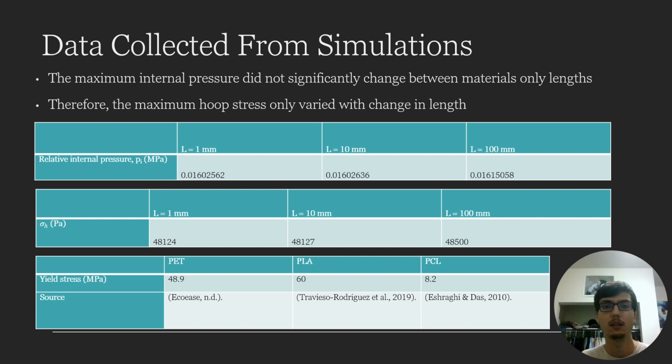And then lastly, the table of values for the yield stress for each material. And as can be seen, those yield stresses are all much greater than the stresses that will actually be felt by the materials in the human body. So we know that PET, PLA, and PCL will all work as viable options for a blood vessel.